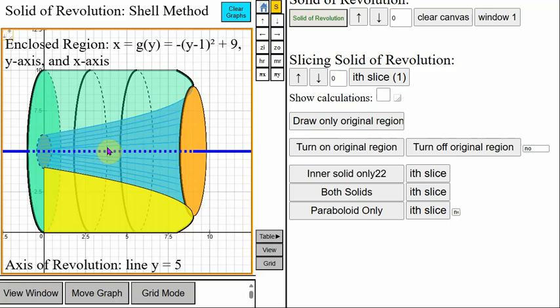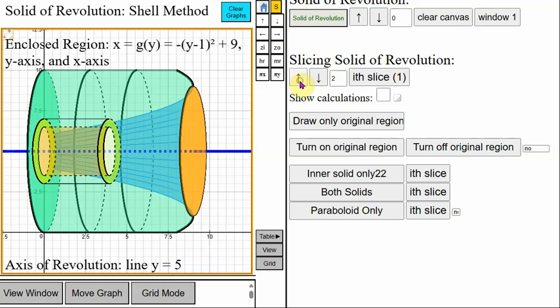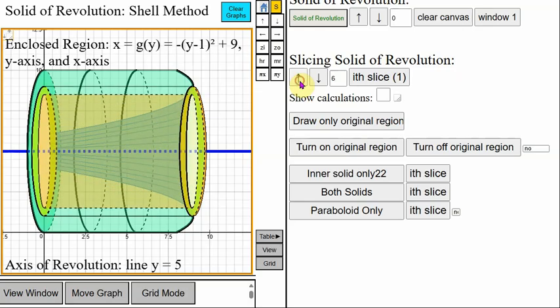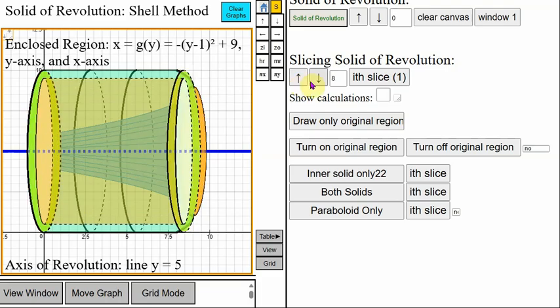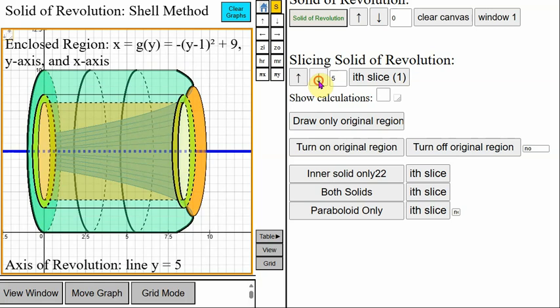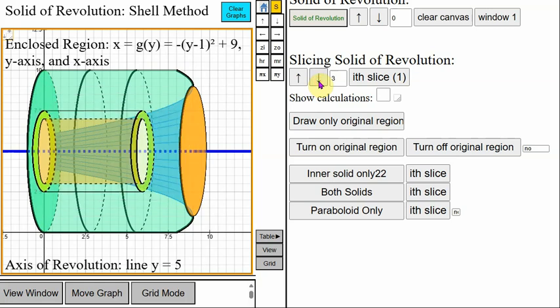To find the volume of the solid of revolution, I'm going to fill the solid of revolution with shells, or cylindrical shells, like this. I'm going to fill it up with 8 shells and then calculate the volume of each shell.